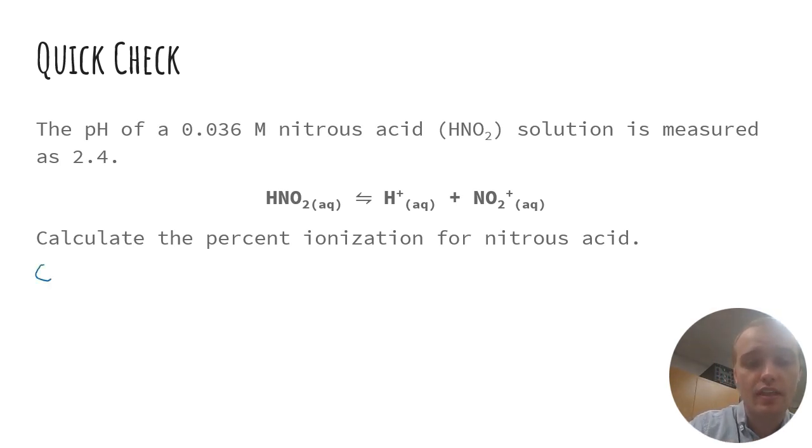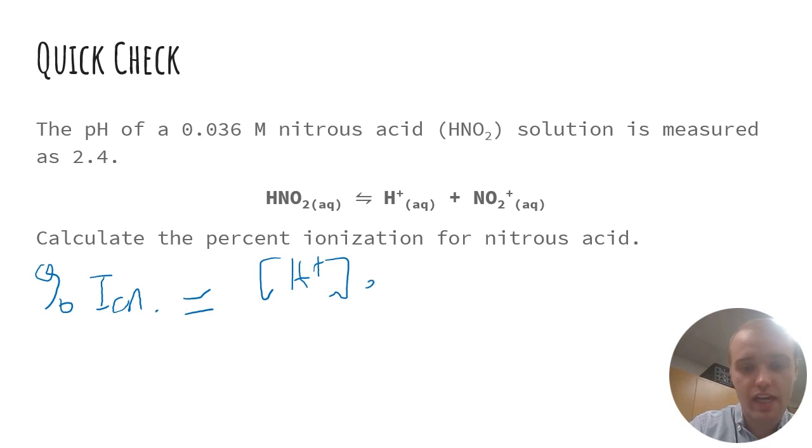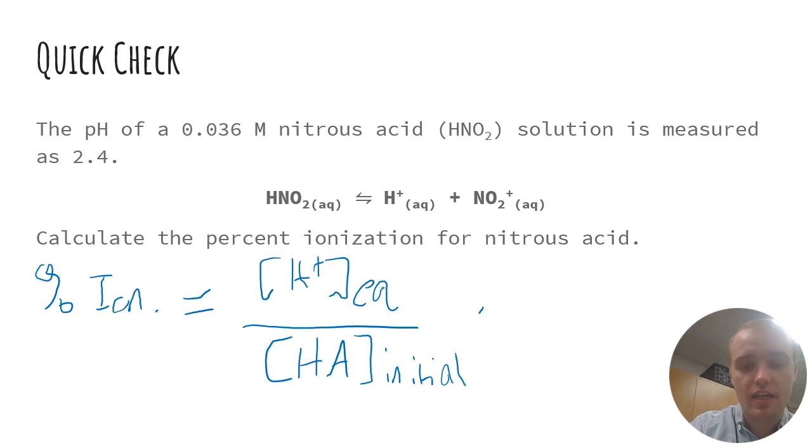And so I'm going to say the percent ionization, and I just abbreviate that as percent ion, is going to be equal to the concentration of hydronium, or the concentration of H+, at equilibrium, divided by the initial concentration of my acid, so HA, or HA initial, times 100%.